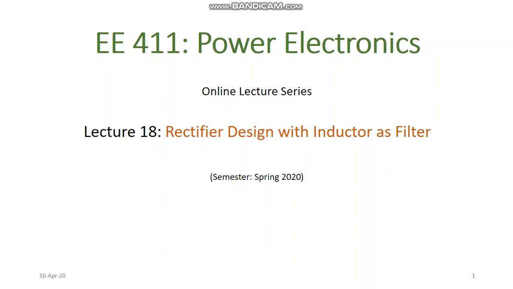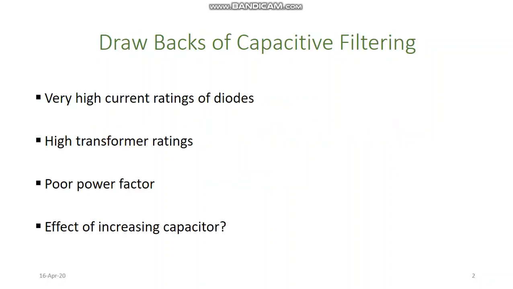So, last time when we discussed capacitive filtering, we concluded some things that can be summarized here. The value of current passing through the diodes was very high.